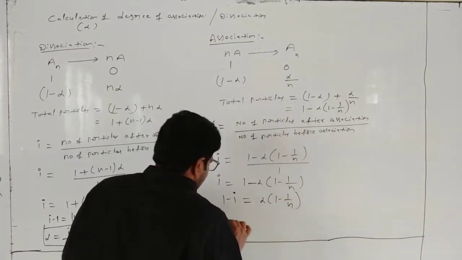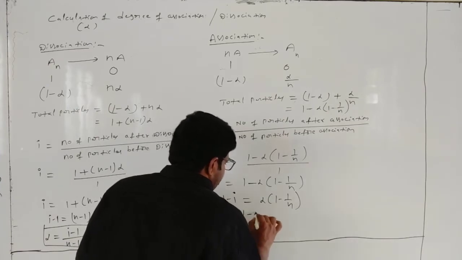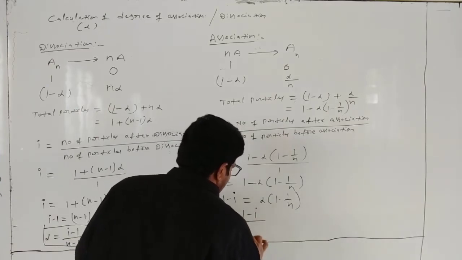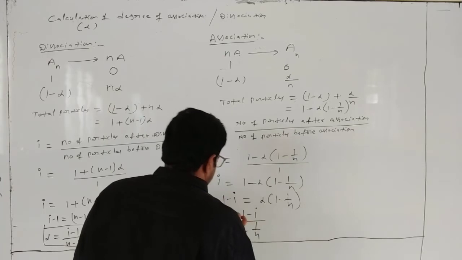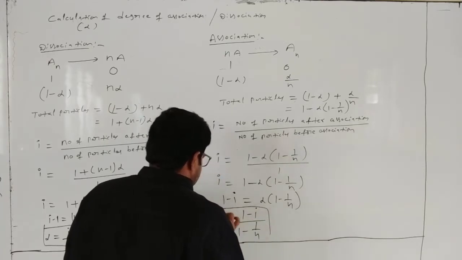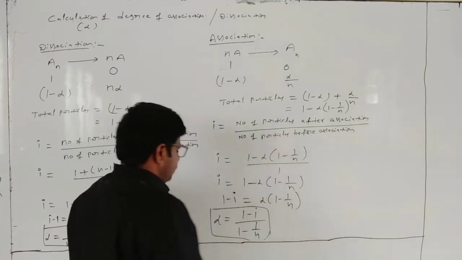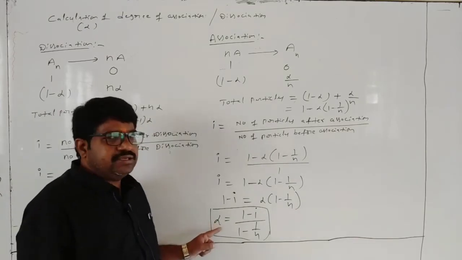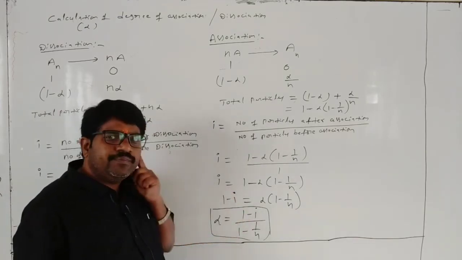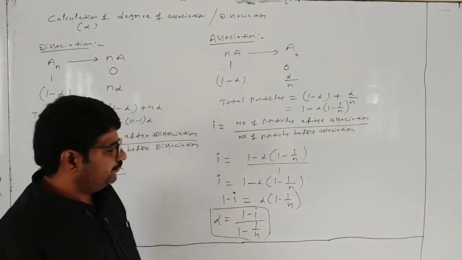Now alpha is equal to (1 minus i) by (1 minus 1 by n). This is the degree of association formula with respect to i.